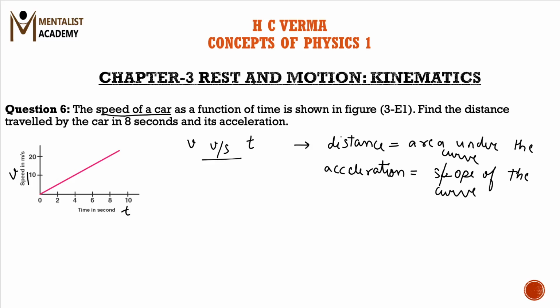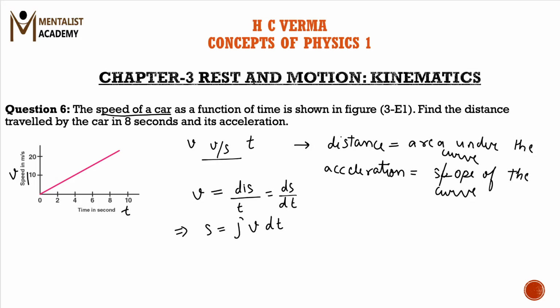Why is that? Because velocity is equal to distance upon time, so you can write it as ds upon dt. Therefore s would be equal to the integral of v dt.